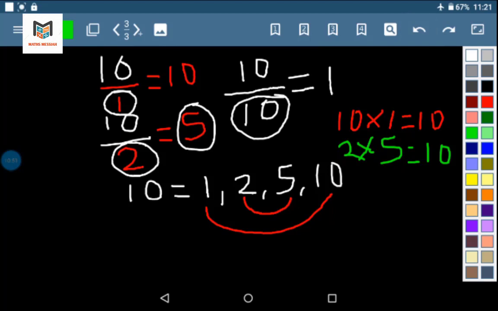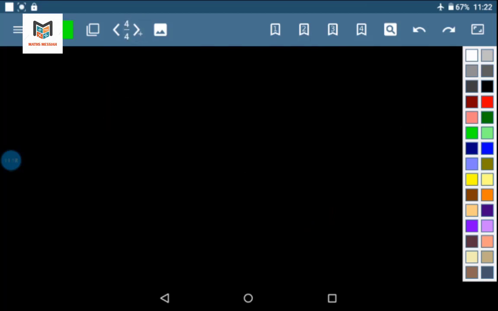That is why in the definition of the factors of numbers, I said when you multiply two numbers, the two numbers that you multiply are factors of the answer that you got. I hope you remember that. Good. Let's go to our next practice.